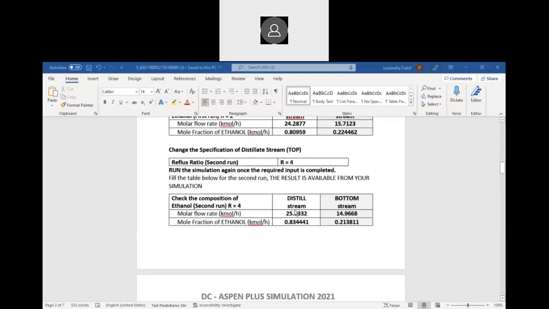We put this input in the second run, which caused the molar flow rates at the distillate and bottom to change: the distillate is 35.0322 and the bottom stream is 14.9668. Meanwhile, the mole fraction of ethanol is 0.83444 in the distillate and 0.213811 in the bottom stream.